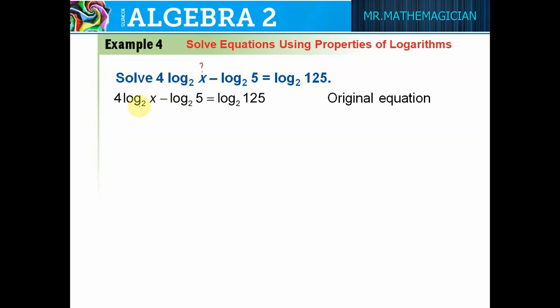We need x alone, so our aim is to express the whole equation as log a base b equals log, let's say, d base b, so that I can cancel the log with the log, so that a is equal to d. Means the left hand side will be the same as the right hand side. So my aim now is to express the whole expression in the left hand side to be only one log.